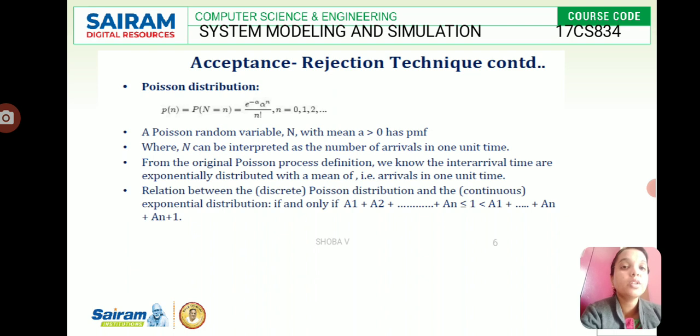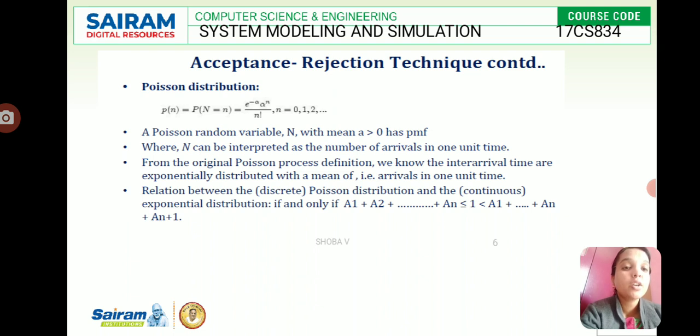We already know that we have a countably infinite set. Here, each and every arrival is to be processed one at a time. From the original Poisson process definition, we know the inter-arrival times are exponentially distributed with mean, that is, arrivals in one unit time. Each unit time, the arrivals will be processed.